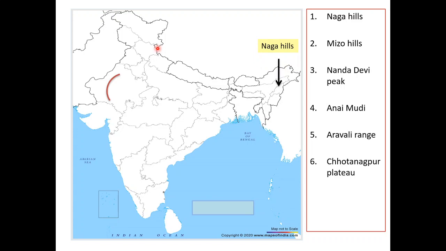So these are the Naga Hills. They have a height of 3825 meters. They lie on the border of India and Burma.